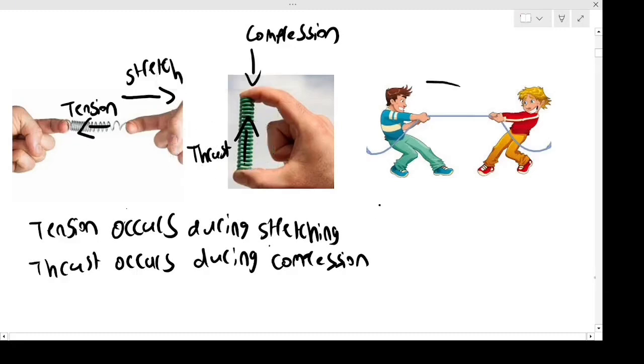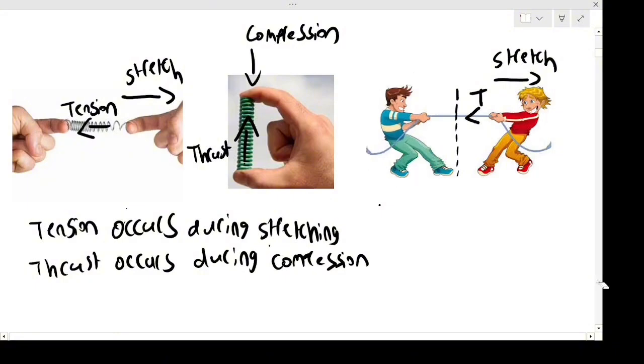Now the last example, a tug of war situation. This blue string is being stretched both ways. I'm going to split it in half, so we've got two halves of the string. Firstly, on the right, the string is being stretched to the right, which means on that half the tension acts to the left.